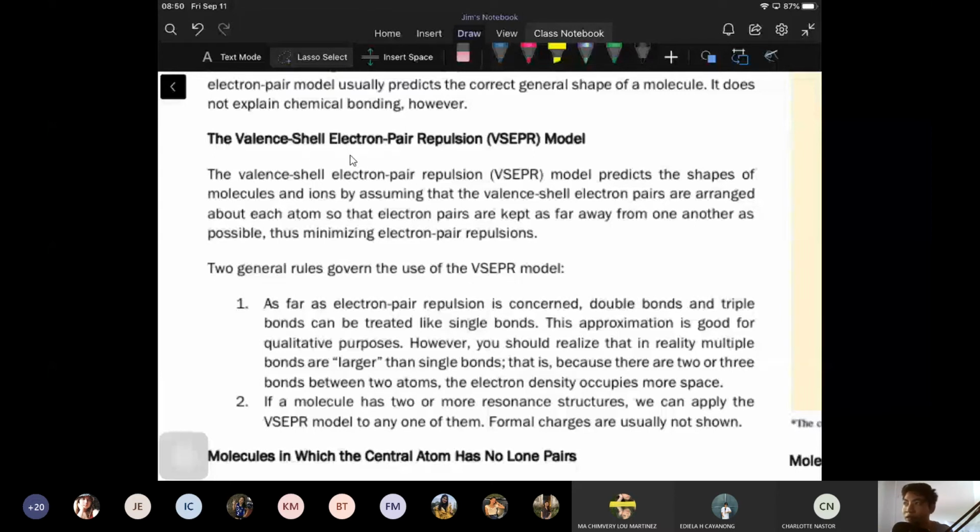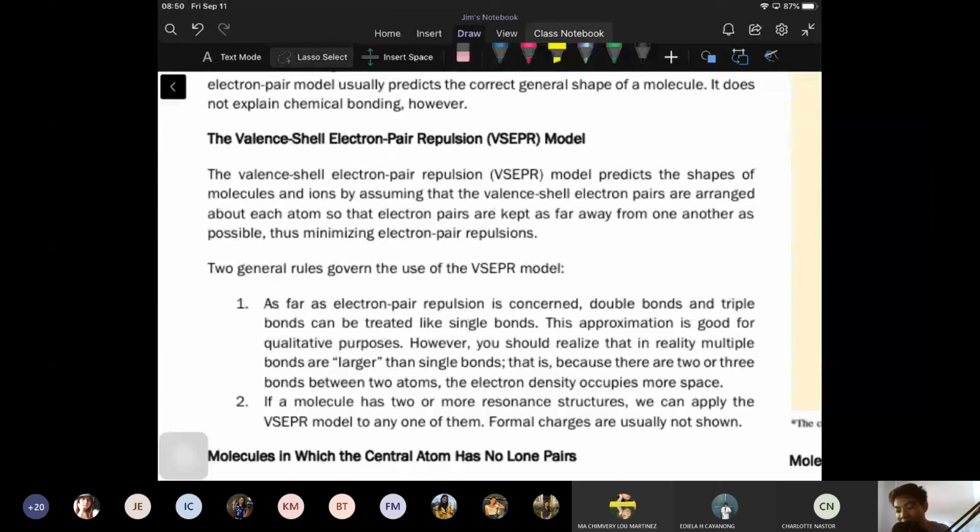Our electron groups could be lone pairs or atoms. Remember, our atoms still contain electrons outside the shell. Those electrons, when they are near each other, there is a repulsion. That's why repulsion is in the name. Why is there repulsion?